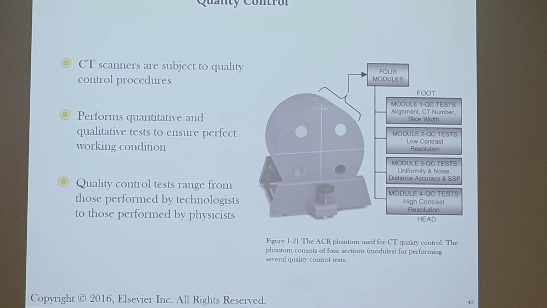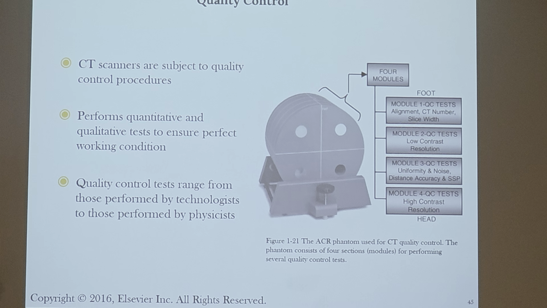Quality control, as I mentioned earlier, every exam before we start using the machine must undergo quality control testing, just to make sure that the machine is operating the way that it's supposed to be operating. Because if you found out later in life that all of this machine was not calibrated and it was off, then all of the scans and all the people that you exposed to radiation, that's a red rule here in Harris Health, so don't do that.